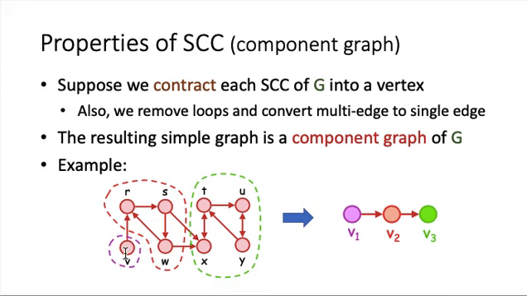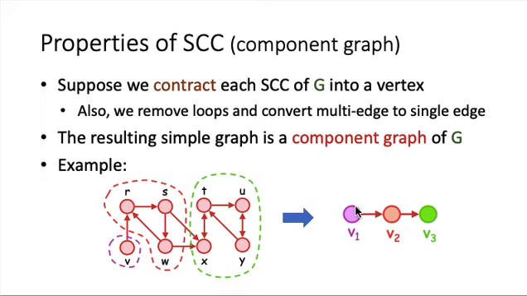We will still keep the edges from this component to this node, so there is an arrow here. But here we see that there are two arrows pointing from red to green. For simplicity, we will just keep one arrow so that the resulting graph is a simple graph. We will also remove loops if there are any.